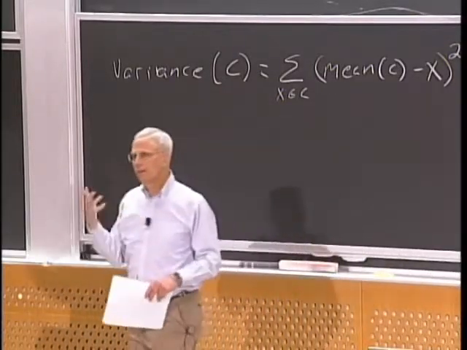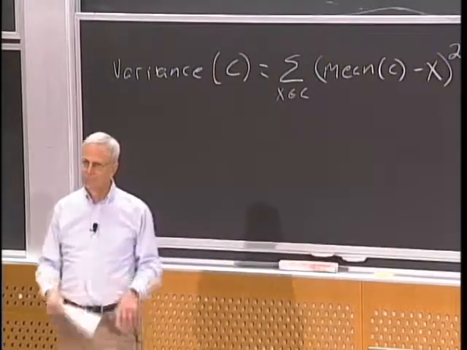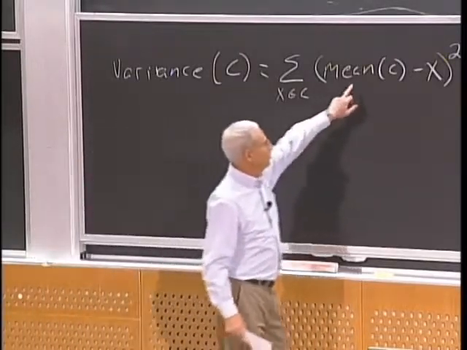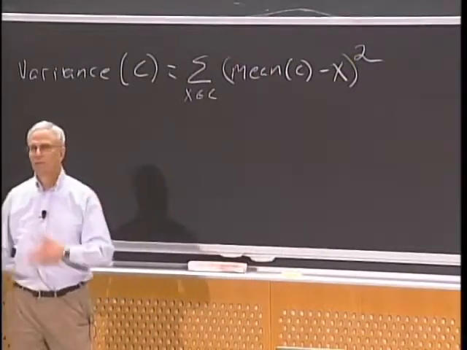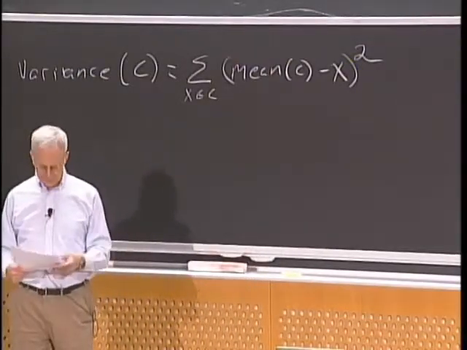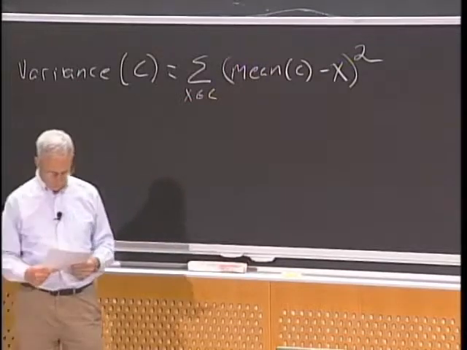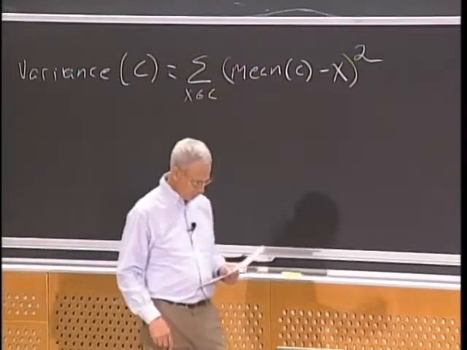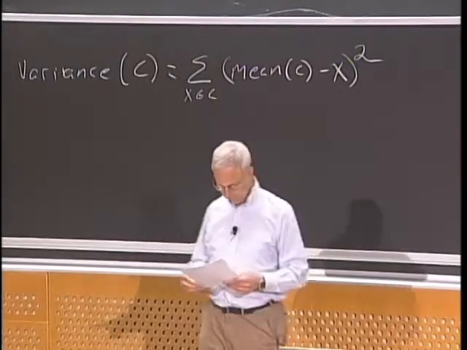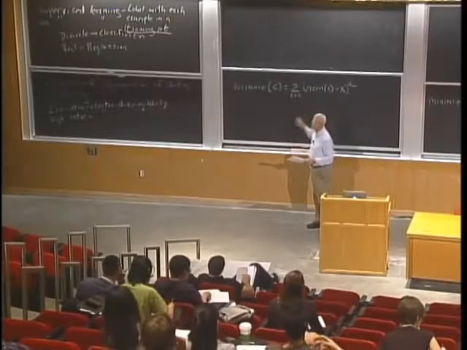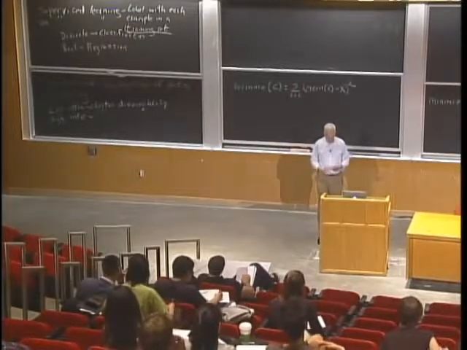But it's exactly the idea we've seen before, right? We say, what's the average value of the cluster? And then we look at how far each point is from the average. We sum them, and that tells us how much variance we have within the cluster. Make sense? So that's variance.